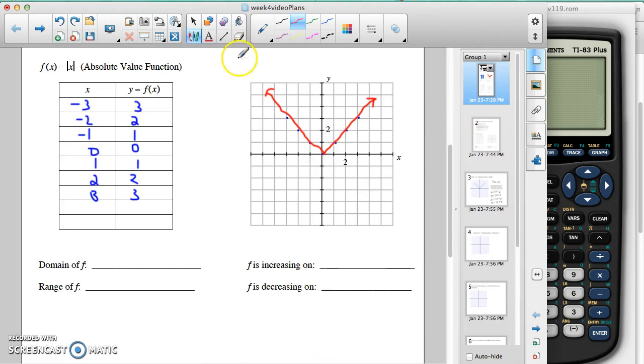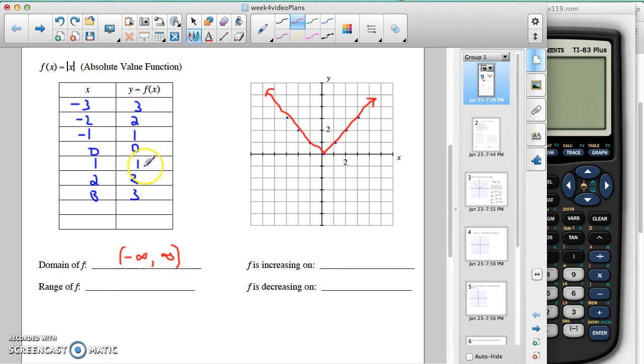The domain of this function is all real numbers, so it's -infinity to +infinity if we write it in interval notation, because that means we can put any number into the function. Any value will have an answer. The range is what values come out.